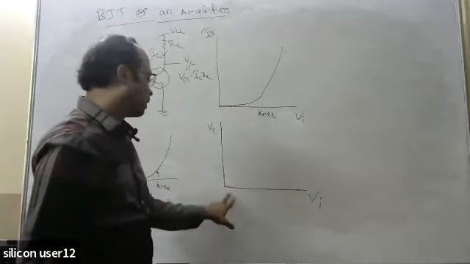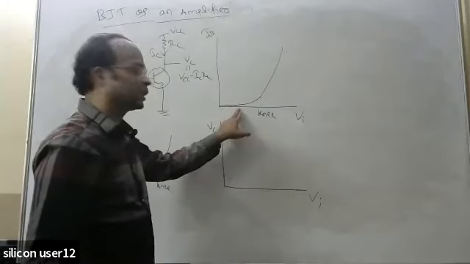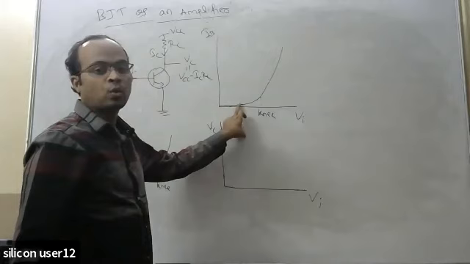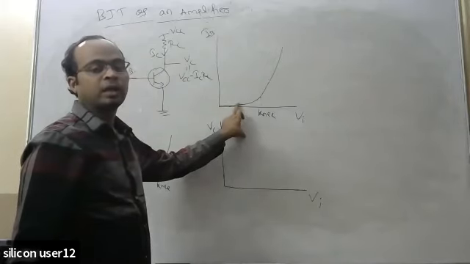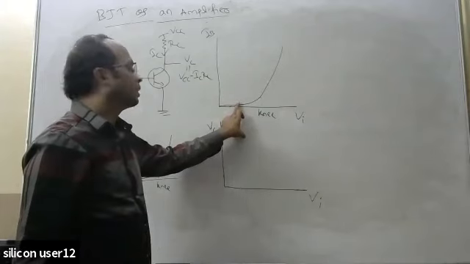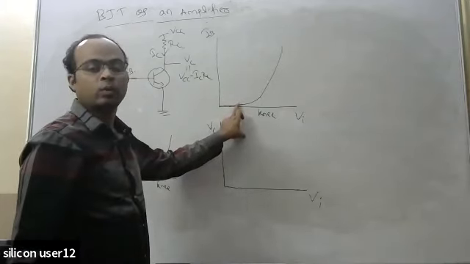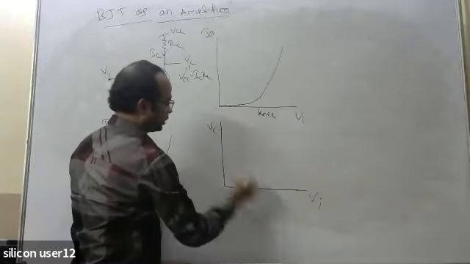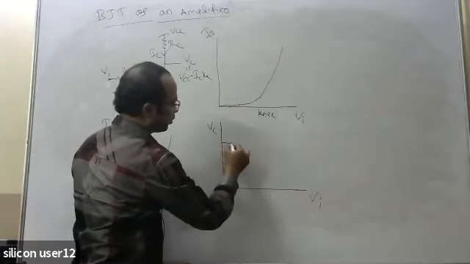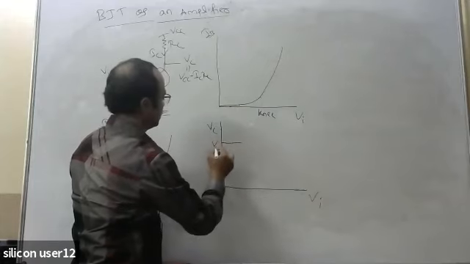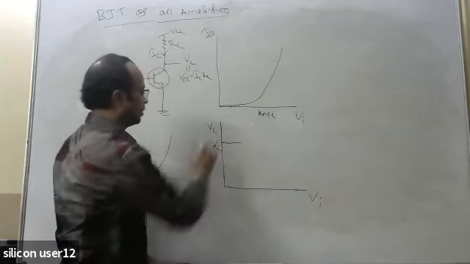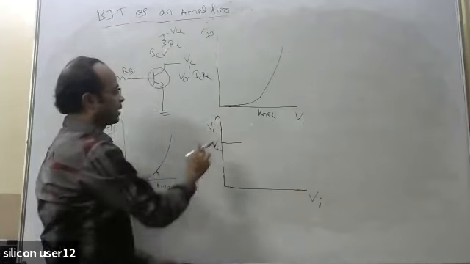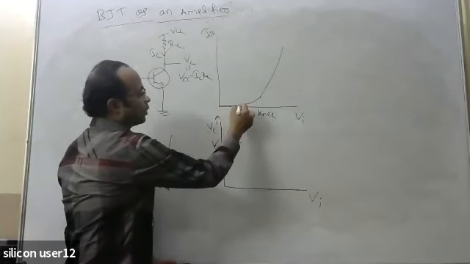When the input was low, let us say at this point, IB is a low quantity, correspondingly IC is also low, and VC will be a high quantity, yes or no? Suppose you calculate for this point, it will be almost VCC. This is your VC axis. Let us assume this value equals 0.